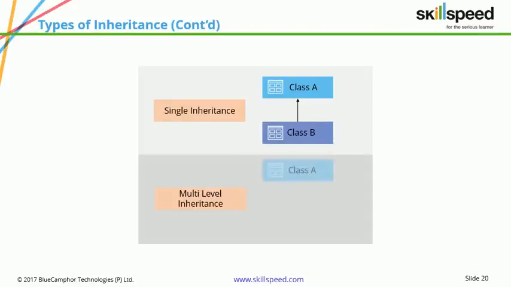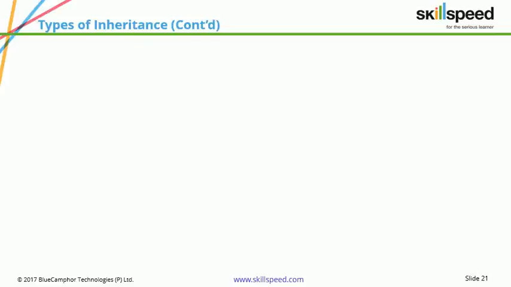Here the diagram shows class A is inherited into class B and class B is inherited into class C. Because these are at different levels, like a building, we call this multi-level inheritance. We have three levels in the shown picture.